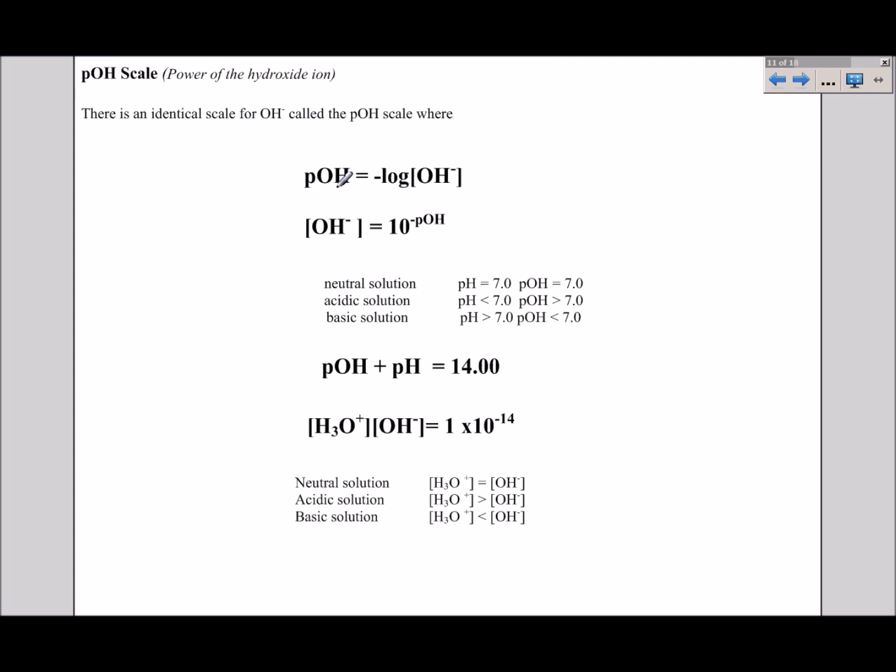And the P of anything is the negative log of that substance. So pOH can be determined by taking the negative log of the concentration of OH minus. And inverting this formula to solve for the hydroxide, using the fact that 10 to the power of is the opposite function of the log, the hydroxide concentration can be determined by taking 10 to the power of the negative pOH.